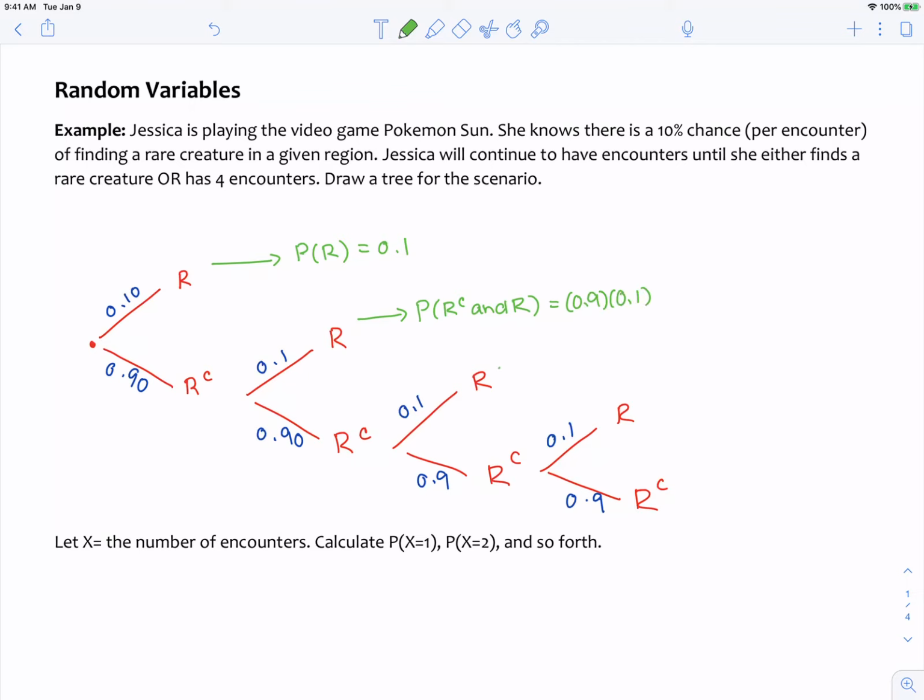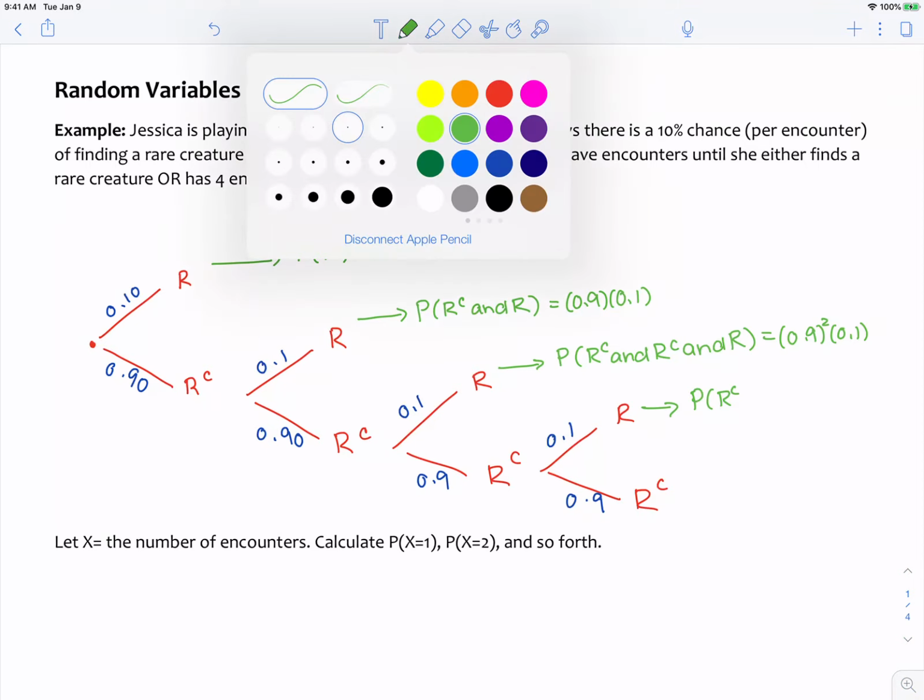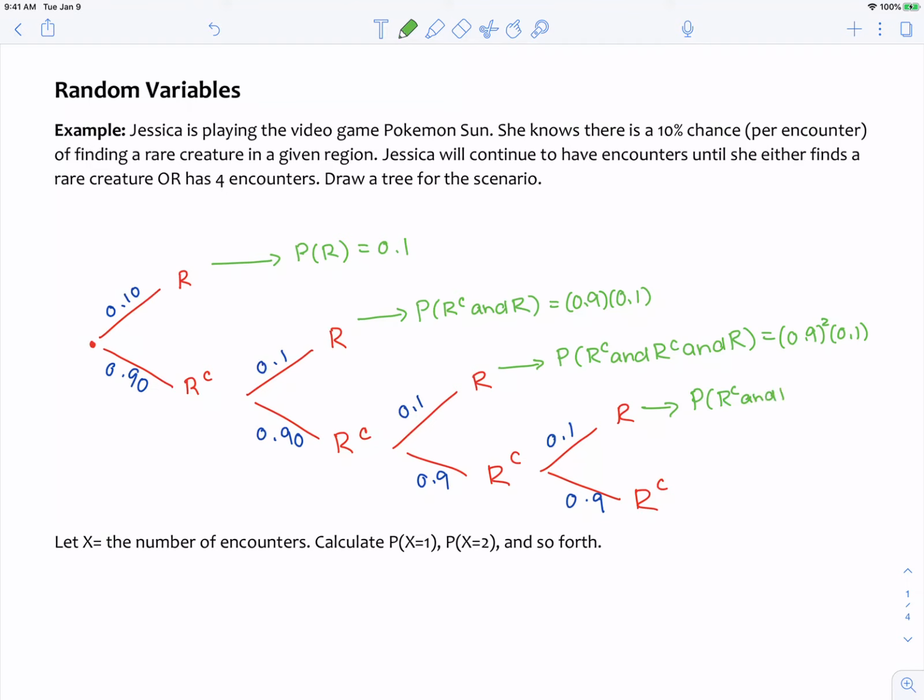And then if I have this other branching, this is going to be the probability of not rare and not rare, and then getting a rare outcome. Well, I'm having 2 not rare encounters, so I can start to streamline this a bit and notice that that's going to be 0.9 squared times 0.1. And then here I'm going to have the probability of not rare, and not rare, and not rare, and last but not least, a rare encounter.